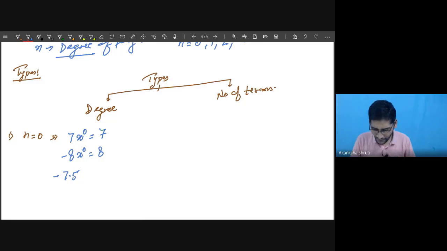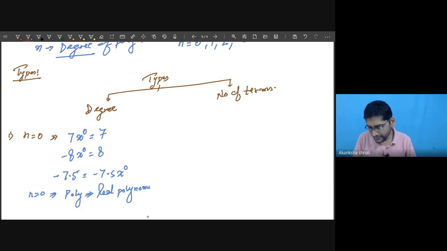Is this a polynomial or not? Yes, this can be written as minus 7.5x to the power 0. Means these real numbers can be considered as a polynomial. So if n is equal to 0, then the polynomial is called a real polynomial.